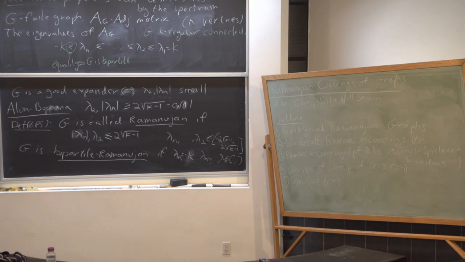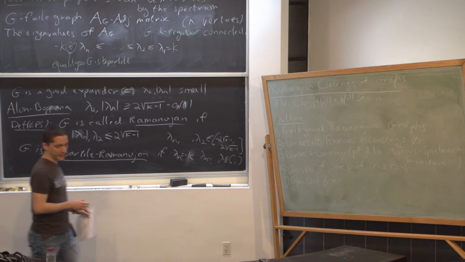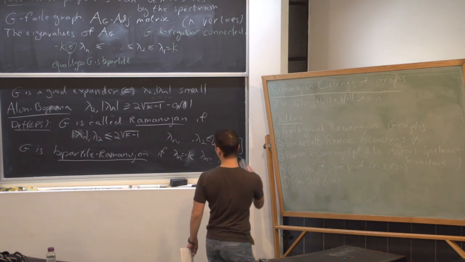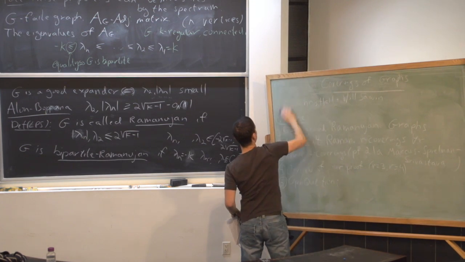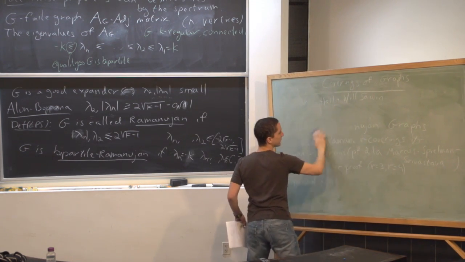Okay, so this is bipartite Ramanujan. And actually, I talked here only about regular graphs, but everything here works for any graph.